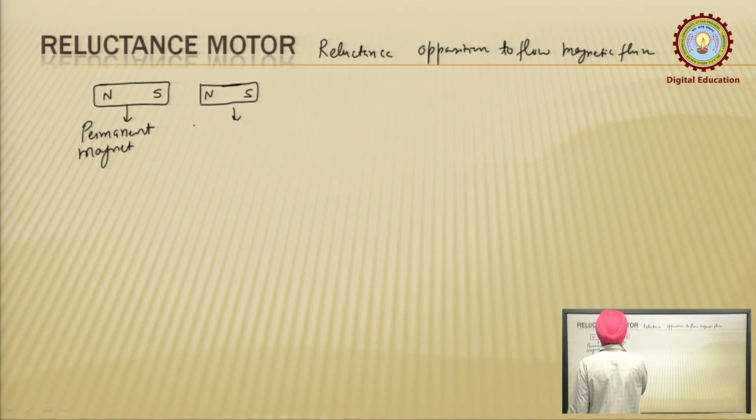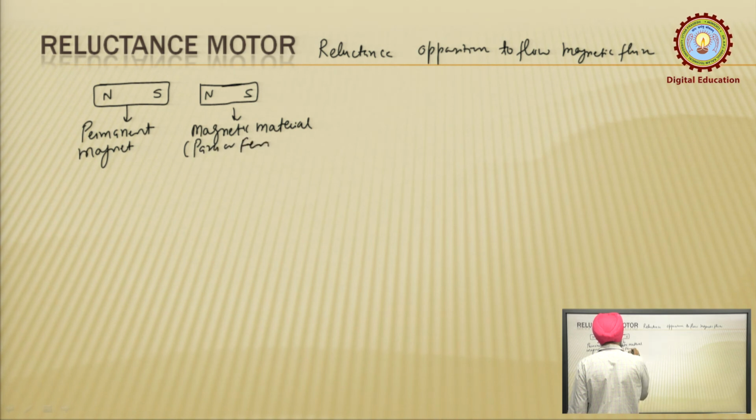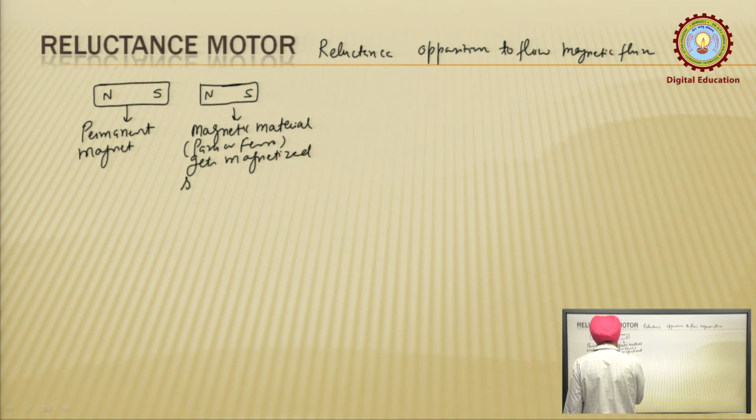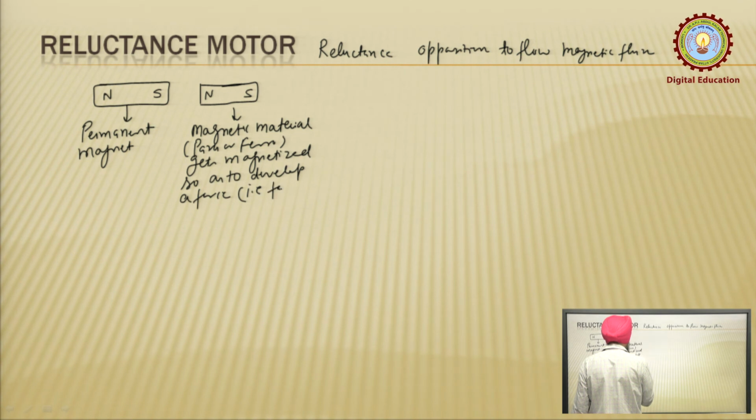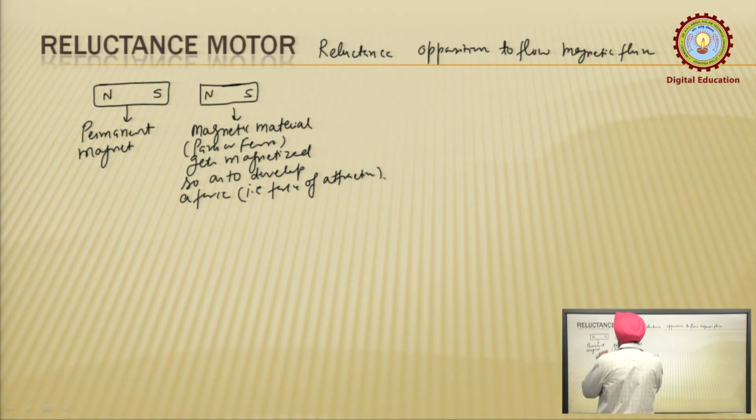This magnetic material, which may be paramagnetic or ferromagnetic, gets magnetized so as to develop a force of attraction between these two.